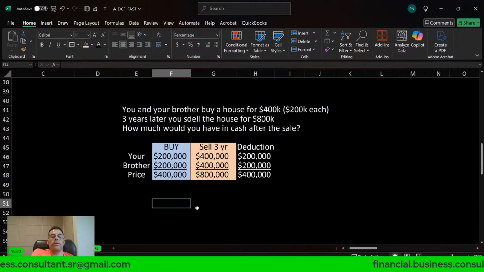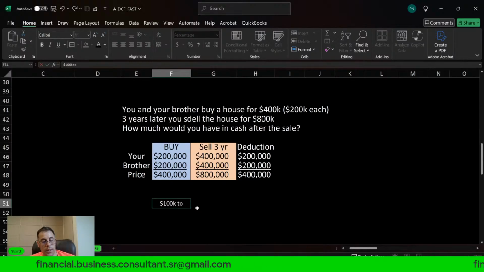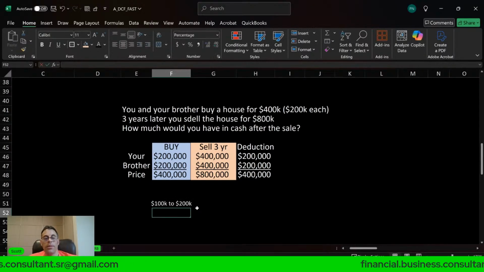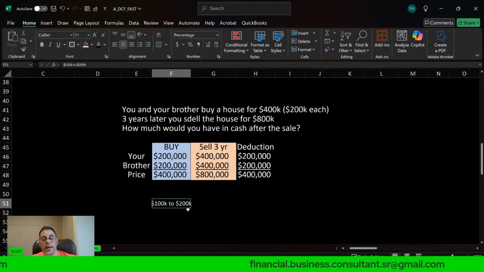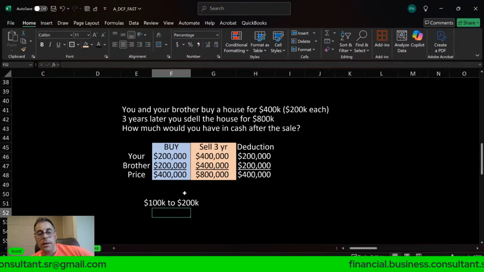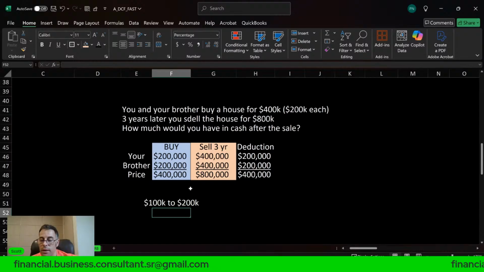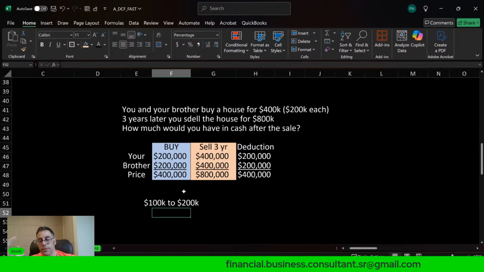So if you bought your home for $100,000, and 3 years later you sold it for $200,000, the profit is $100,000, and you pay no taxes on that profit because of Bill Clinton. He passed a law saying you don't have to pay tax on the first $250,000 of profit, but you have to live in the home for at least 2 years. You have to own it for at least 2 years, which you and your brother did.